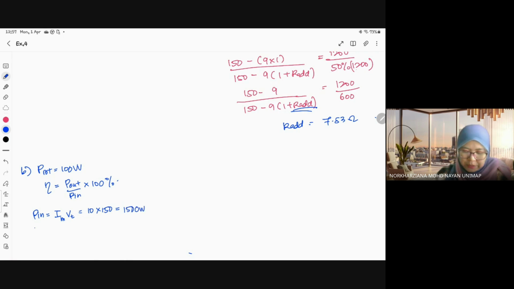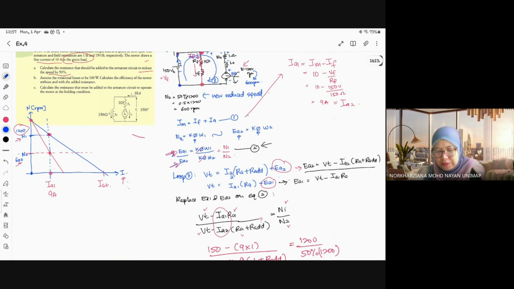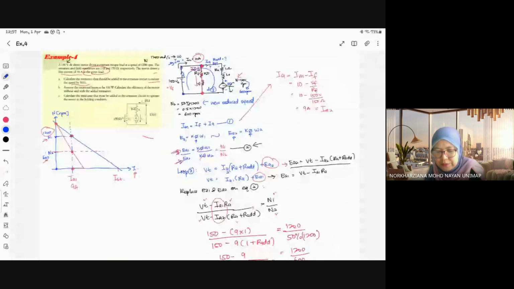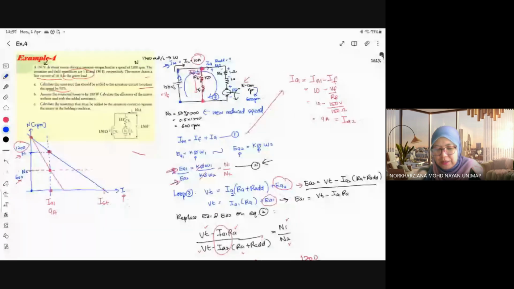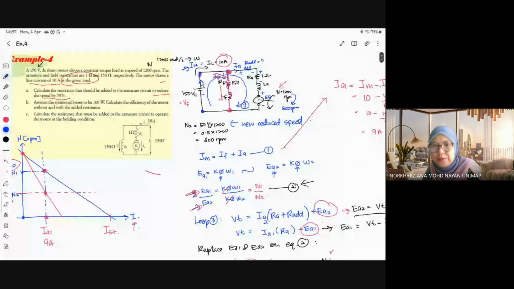Okay. So P out. P out apa? P in minus P loss. Okay. Apa information yang kita ada untuk this loss, your power loss? Okay, let's take a look. P loss, we have based on this one. Kira whatever losses that you can find only.